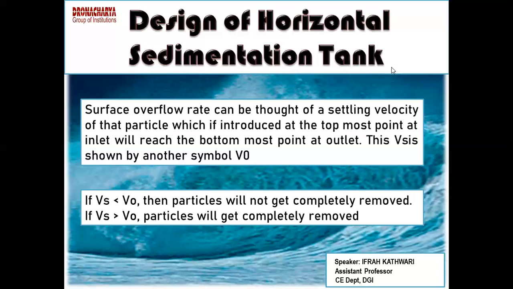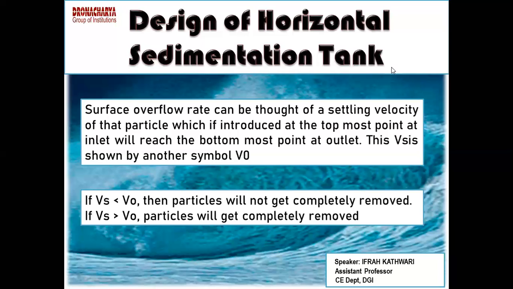If the settling velocity is very less, that means the upward forces acting on the particle will be more. The water itself exerts some force on the particle that is coming down. If the settling velocity is less, it won't be able to overcome that force, so it will never settle down.